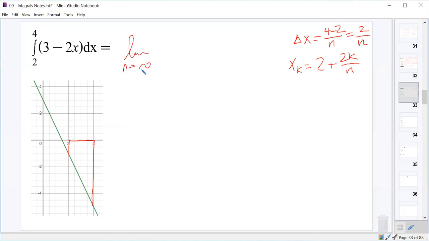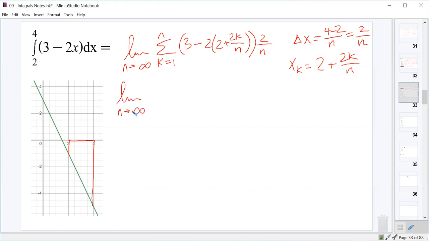It's going to be a limit as n approaches infinity of a sum from k equals 1 to n of 3 minus 2 times x sub k, 2 plus 2k over n, times delta x, 2 over n. And so this one's going to get a little bit messier with the algebra, so just be careful with your algebra.